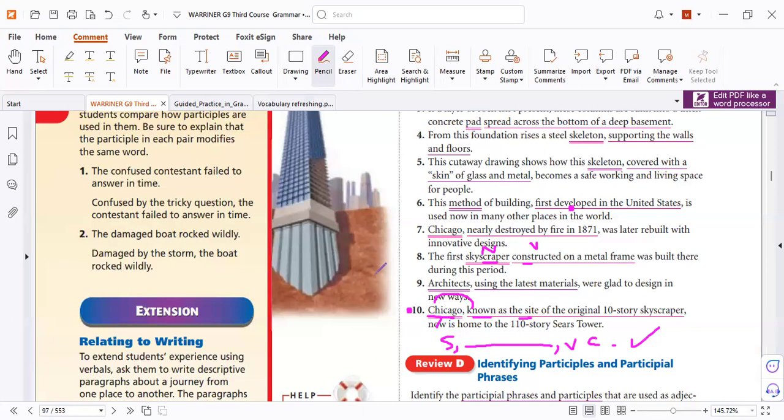No. What was first developed? It's something before. Is it the building or the method? The answer is the method, but check the meaning. This method of building. So what was developed? The method of building, not the building. So be careful. Feel it?